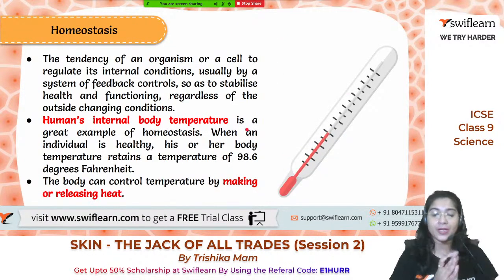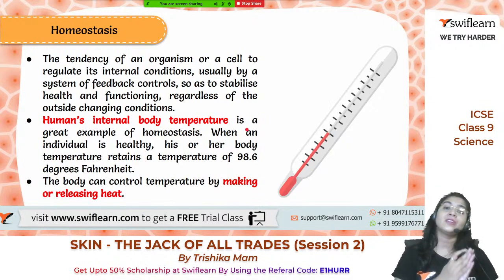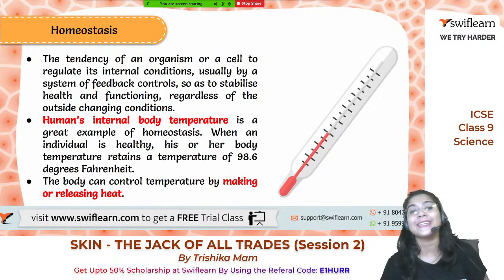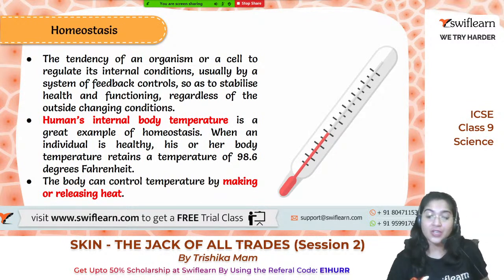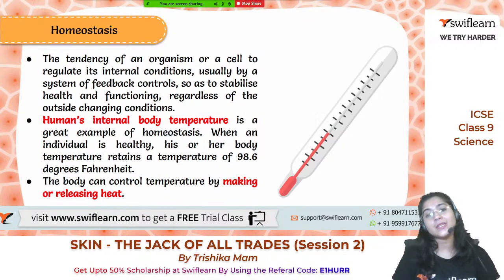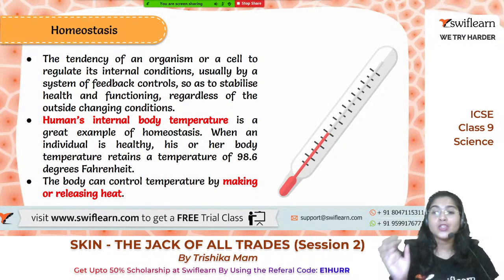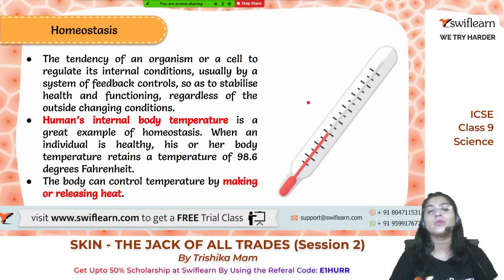So how is homeostasis of the temperature maintained in our body? Now, can anybody tell me what is the normal temperature of a human being? Generally when we feel like fever, we check it through the clinical thermometer, right? The clinical thermometer will give you a proper reading of your body temperature.